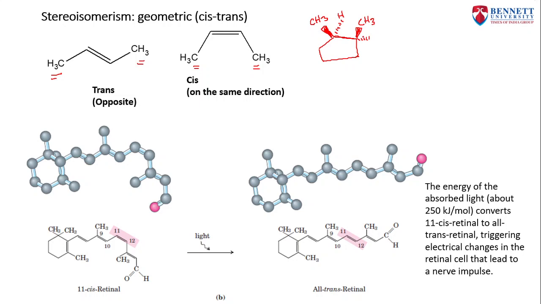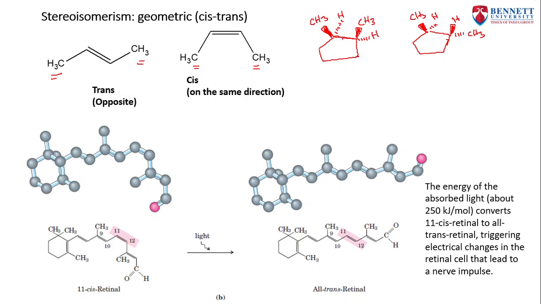Similarly, in this molecule, the CH3 is towards you and H is away from you. In this molecule, the chemical formula will be the same, but I am interchanging the relative arrangement of the groups. So H in this carbon will be towards you and CH3 away from you.